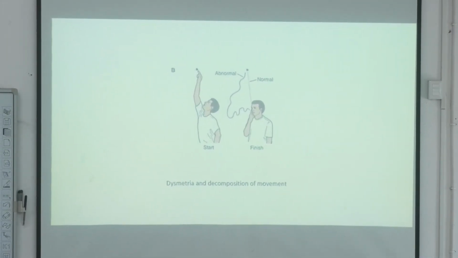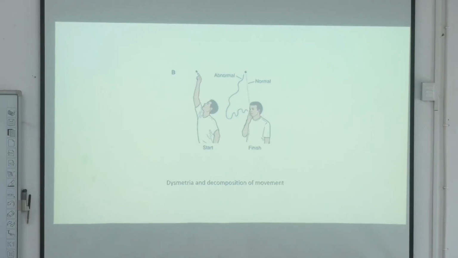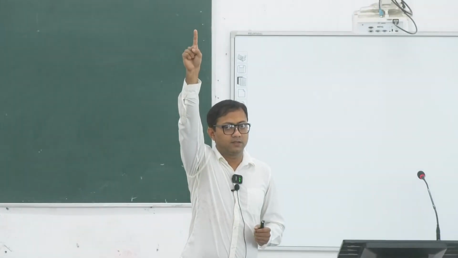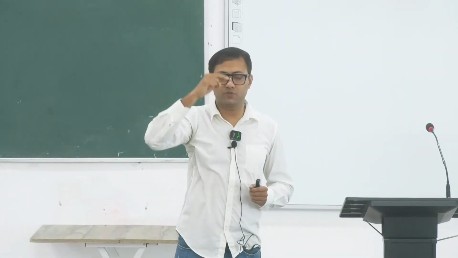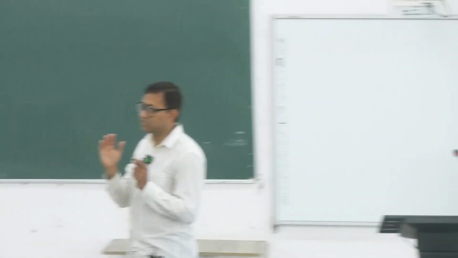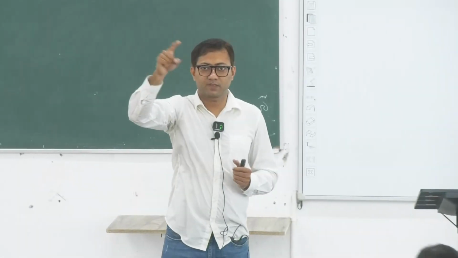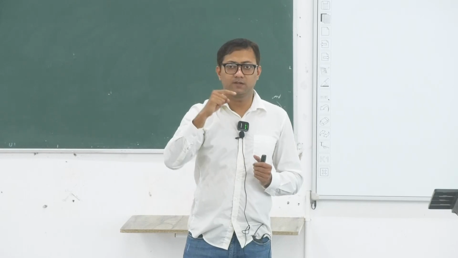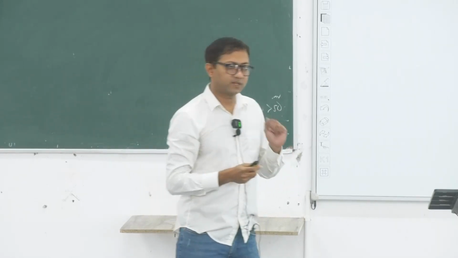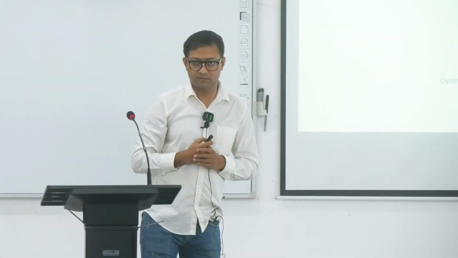Once a patient of cerebellar disorder is asked to do so, the patient does this. This is the normal healthy individual touching the point above and touching the tip of the nose. But in a patient of cerebellar disorder, the patient touches the point above and then in a haphazard movement finally may or may not touch his or her nose. So, this is called dysmetria and decomposition of movement.